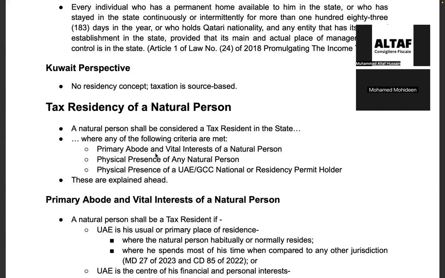Understood? So if there is a court decision to be made and the double tax treaty says something different, but your UAE decree law says something different, whose side will the court side with? The double tax treaty or the domestic decree law?